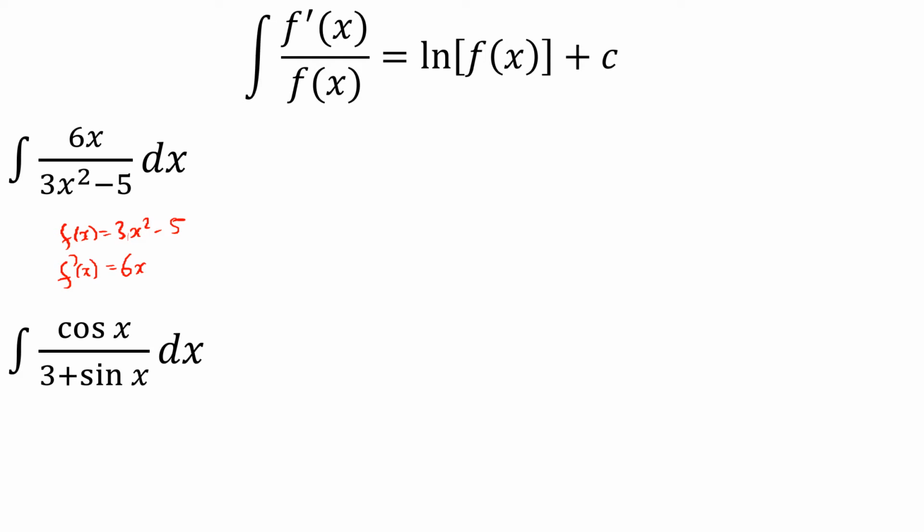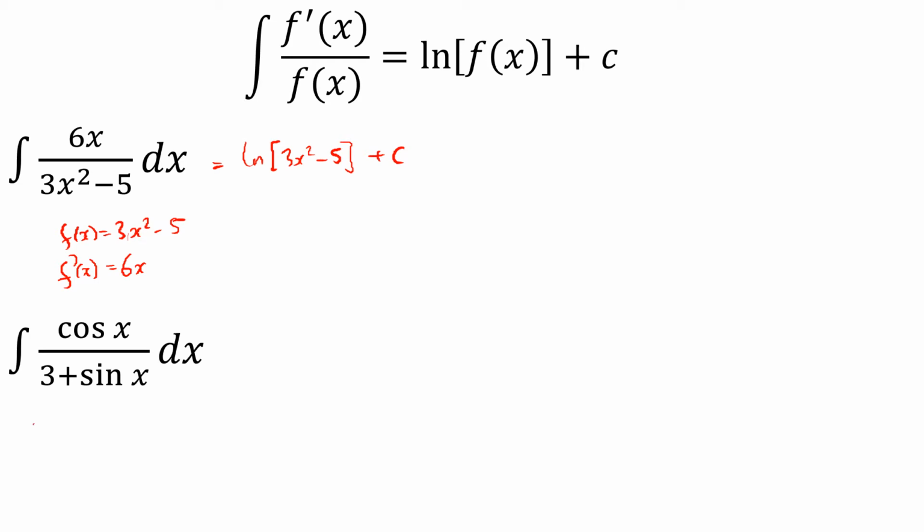Exactly, so the bottom of this fraction and the top of this fraction works out perfectly. So we know this is just going to integrate to the logarithm of f(x), so ln of 3x squared minus 5. Fair enough. What about this second one?